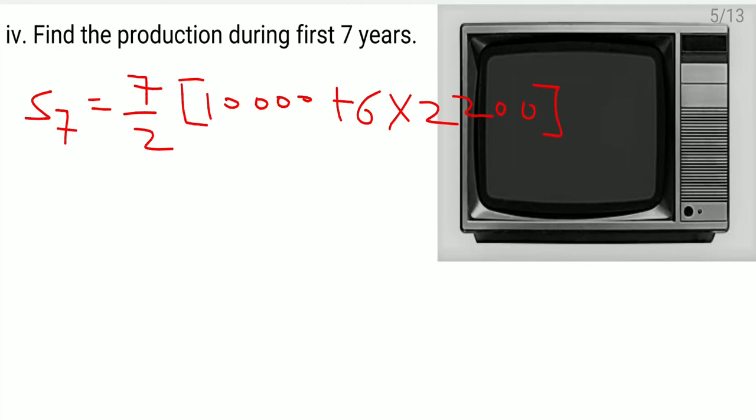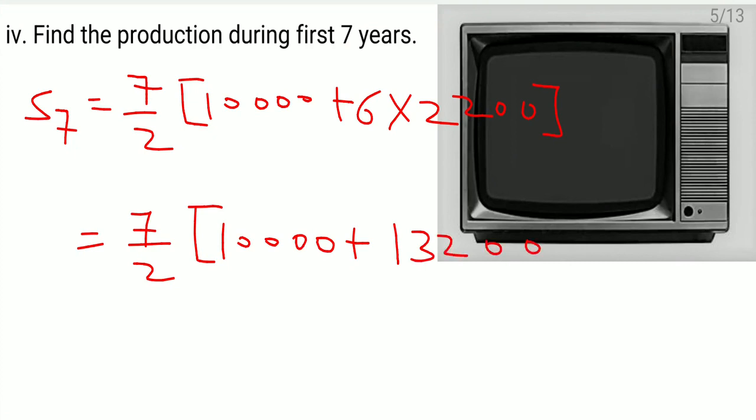So 7 by 2 in the bracket, 10,000 as it is, plus 22 into 6, which comes as 132 and these 2 zeros. Now we'll add it. The addition comes as 13,000 plus 10,000, which is 23,200. And now we'll divide it.